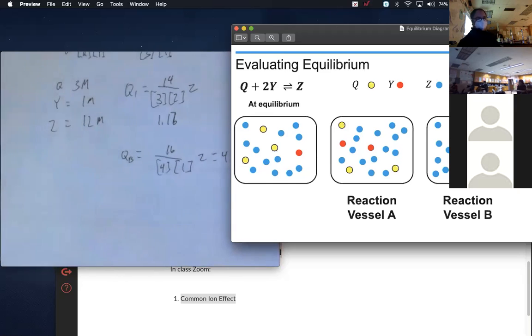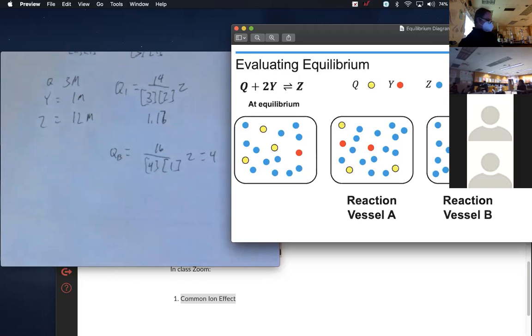What's going to be happening with the system there? It's at equilibrium. So we're still going to have Q's and Y's becoming Z's, but we're also going to have Z's becoming Q's and Y's. That's that dynamic equilibrium. The ratio of each of them is not going to change.